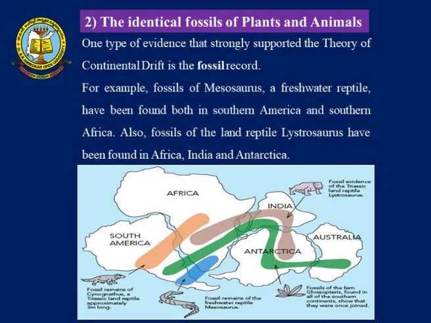The second evidence was the fossil plants, that is the Lystrosaurus during the Triassic period. The fossils were found in India, Africa and Antarctica. In the same way, the Mesosaurus freshwater fossils were found in America and Africa, and the other fossil is the Cynognathus that was found in America and Africa, and of course, some plants that are also found in the Gondwana island.